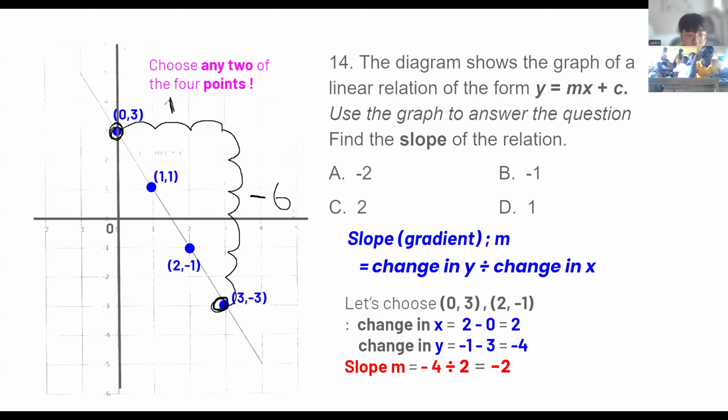Change of x will be positive 3. So negative 6 over positive 3, which is equal to negative 2, right? And we got the same answer. We also got negative 2, regardless of which 2 points you choose.